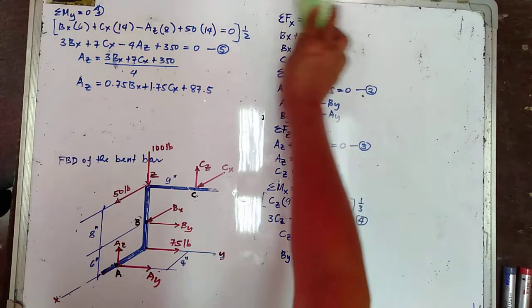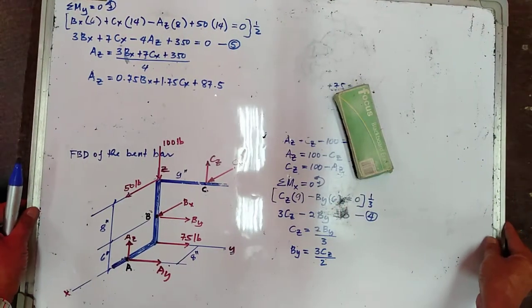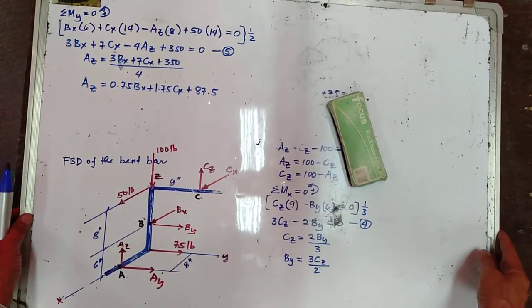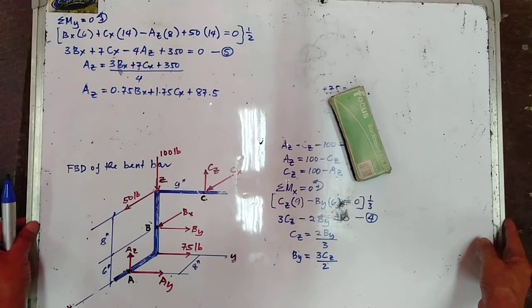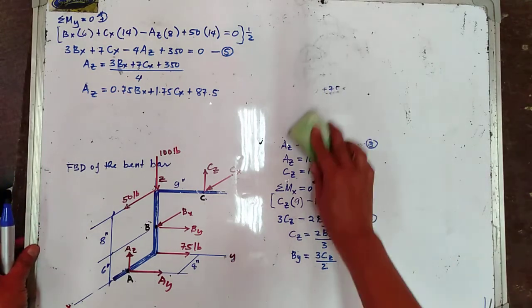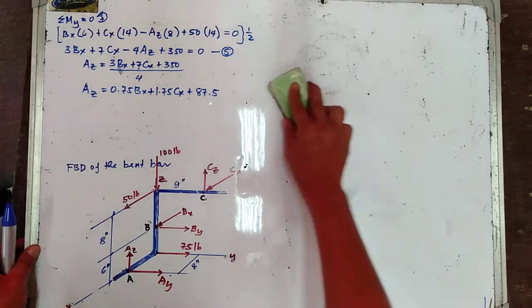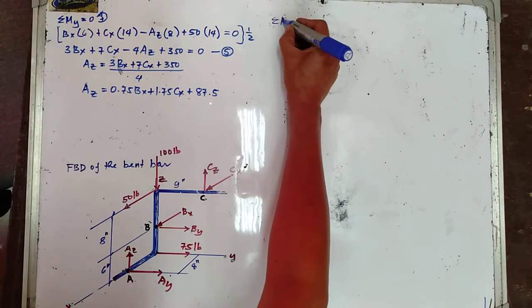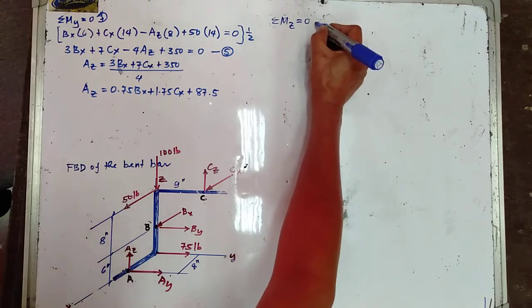Next, let us try to take now summation of moment about the z-axis is equal to 0.